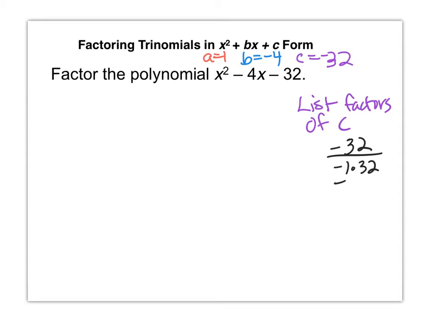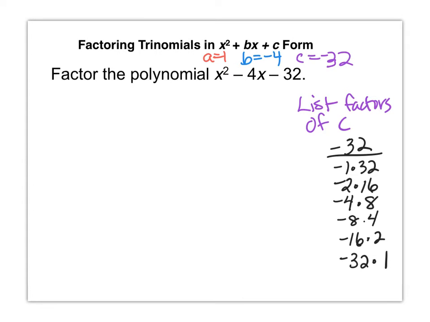So negative 1 times 32 is one possible pair of factors. The next one is negative 2 times 16, negative 4 times 8, negative 8 times 4, negative 16 times a positive 2, and then finally the last pair would be negative 32 times positive 1.